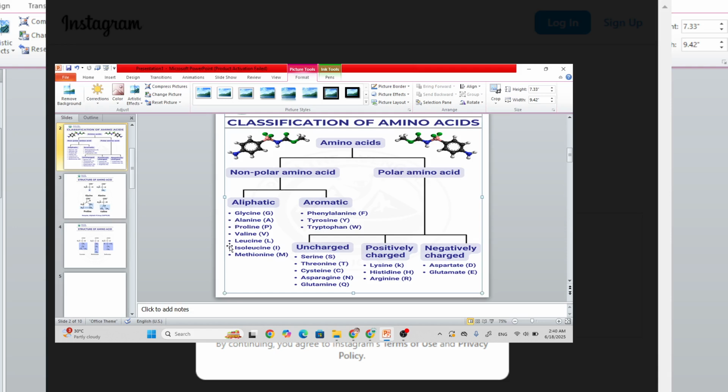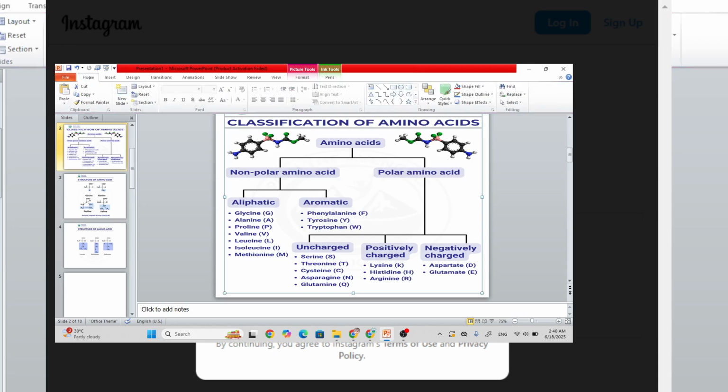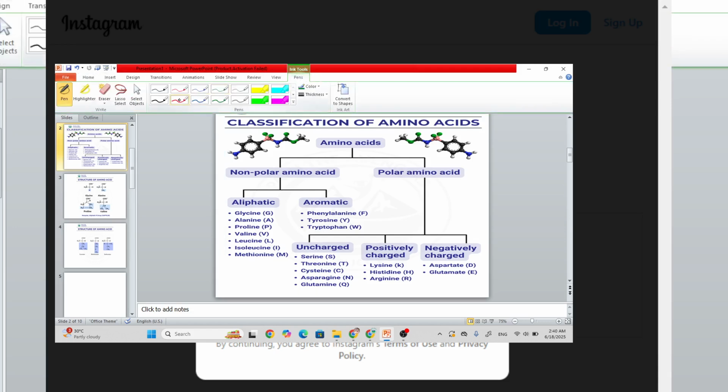There are seven amino acids in the aliphatic group. In short, we will learn GAVLIMP.